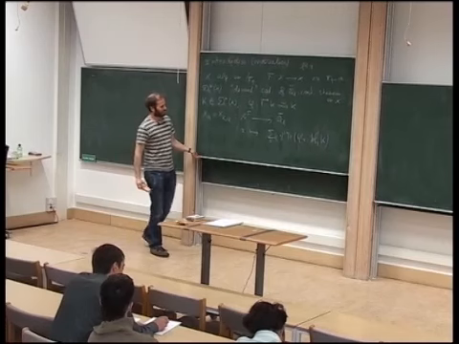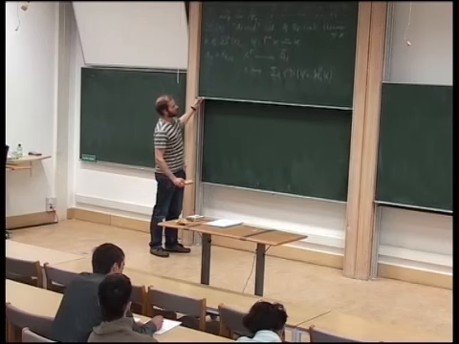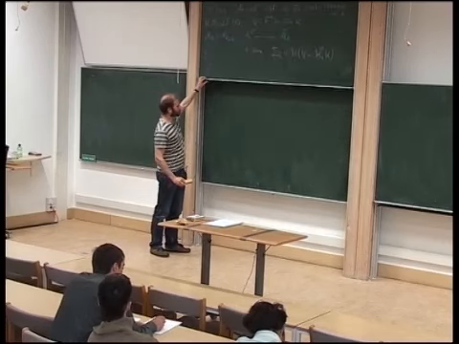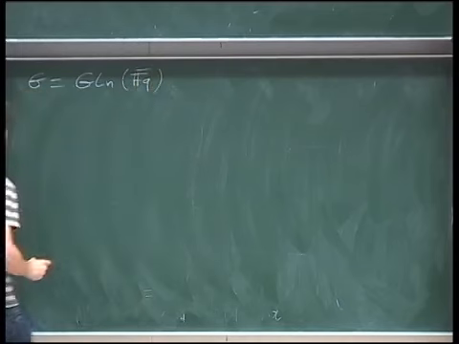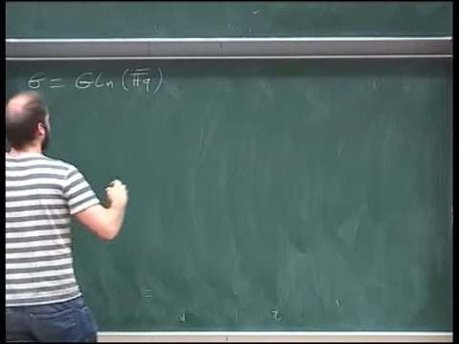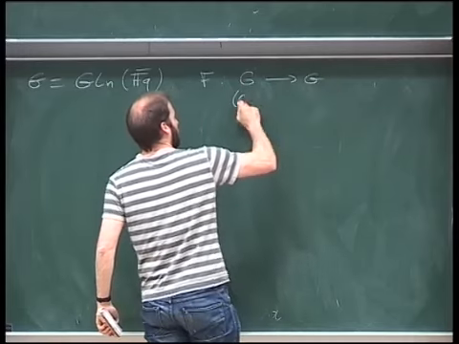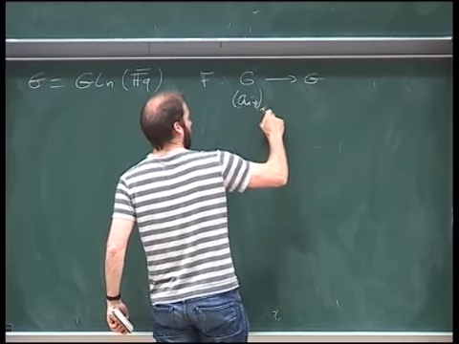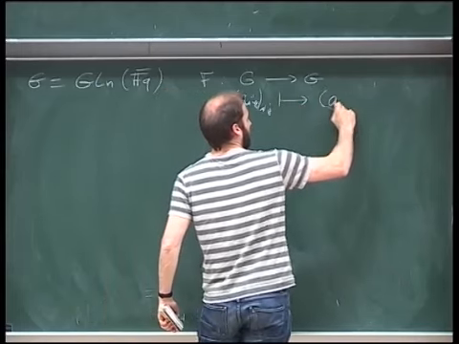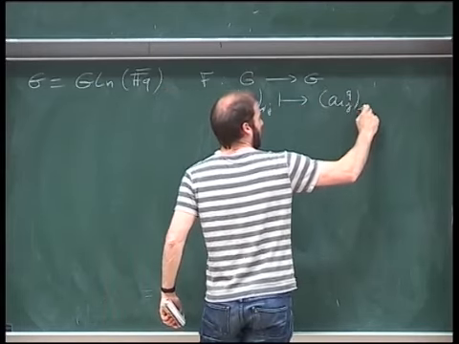So then let G be GL_N of F_q bar, and so we consider the standard Frobenius endomorphism, which sends a_ij to a_ij^q.